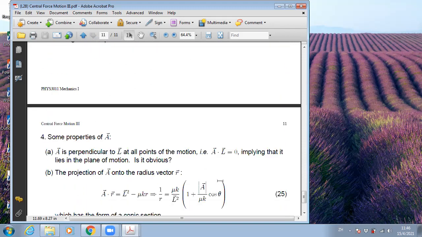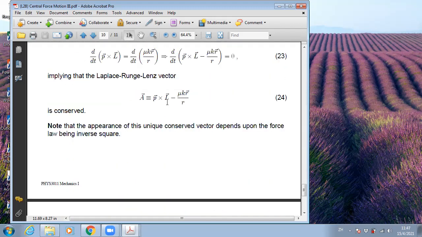Here are some properties of the Runge-Lenz vector. This Runge-Lenz vector is perpendicular to L. Is it obvious? If we take a dot product with L, the first term will vanish automatically.